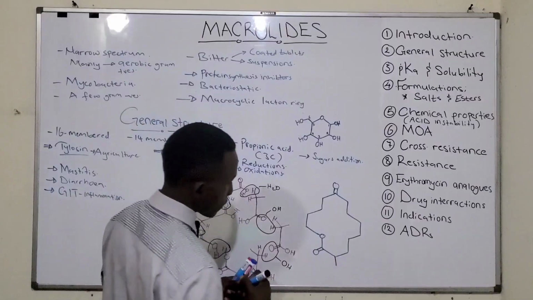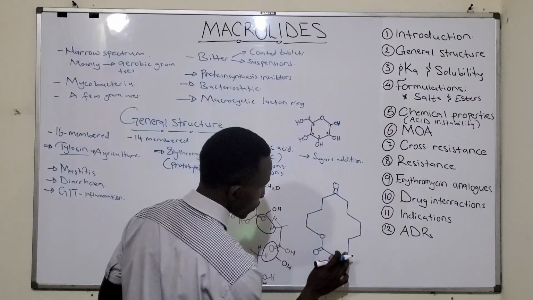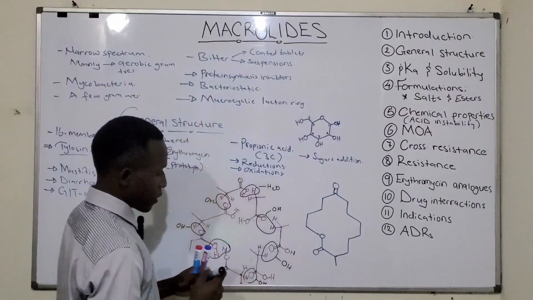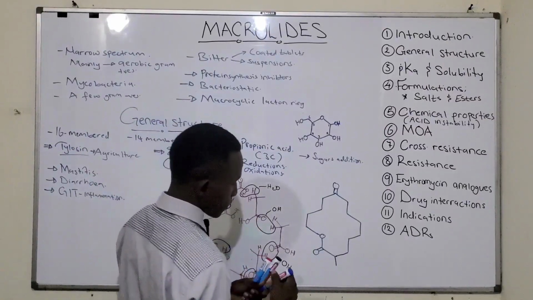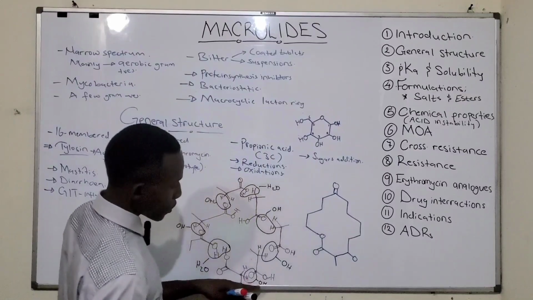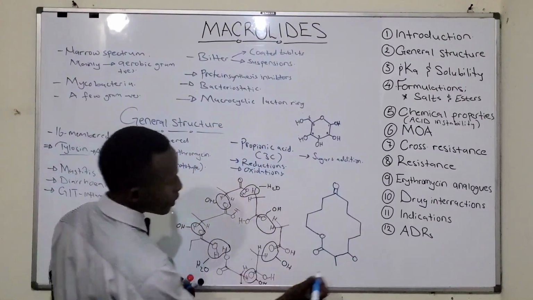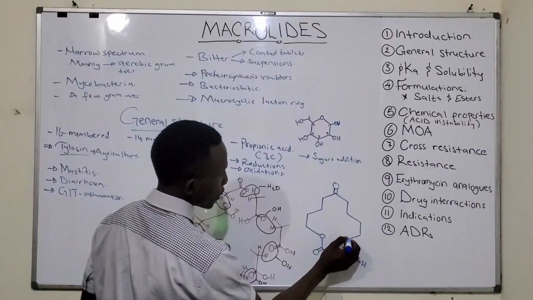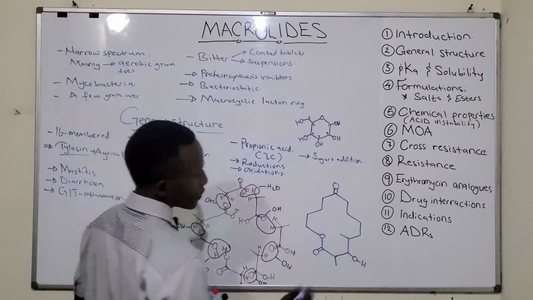Here we join these two. At carbon 1 there is oxygen, so we expect this OH to be there, and a methyl at second position.